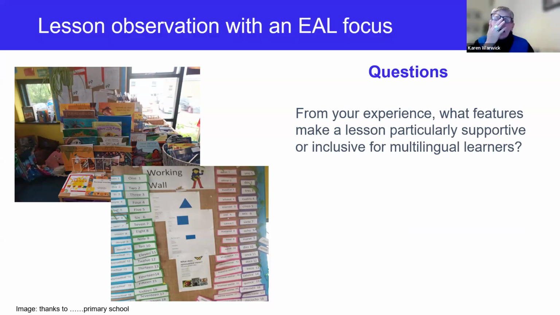Yes, that's right. So here's my question: from your experience, what features make a lesson particularly supportive or inclusive for multilingual learners? I think it's important to say, first of all, to just remind ourselves that multilingual learners is a really diverse umbrella.